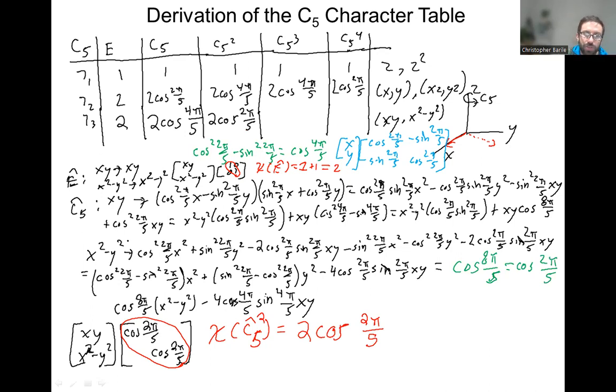Okay, so now let's do C5 3. And we're going to do a similar sort of trick here. All these 2 pi's aren't going to become 4 pi's now, but they're going to become 6 pi's. So we have 6 pi, right? Because we're doing a rotation 3 times, so it's 3 times as high.